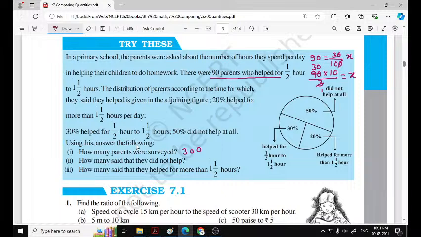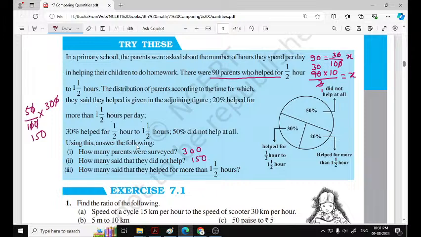How many said they did not help? 50% did not help. There are a total of 300 parents, and 50% means 50 upon 100 of 300. So 150, half of the parents, did not help their children. How many said that they helped for more than 1.5 hours? 20%.